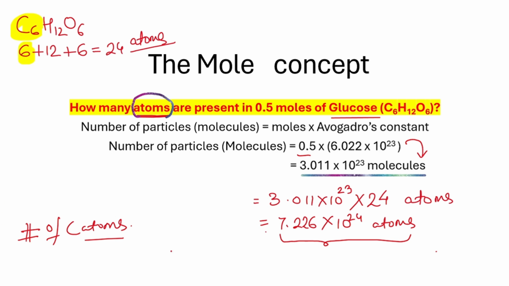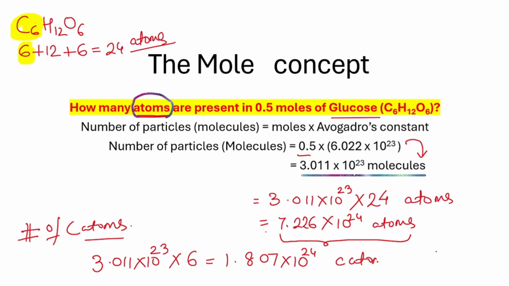So what we would do is, to find the number of carbon atoms, we would take 3.011 times 10 to the power of 23 and multiply it by the number of carbon atoms, which is 6, to give us 1.807 times 10 to the power of 24 carbon atoms.